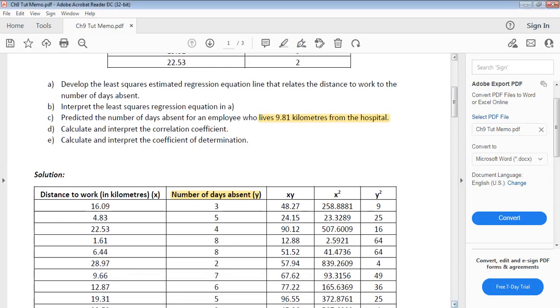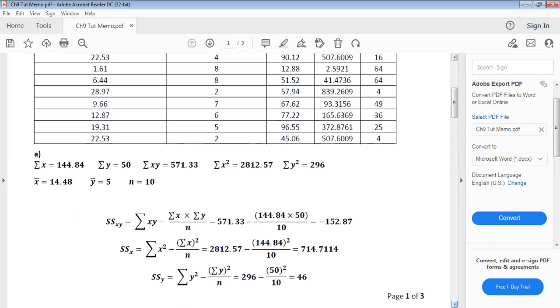Question D says, calculate and interpret the correlation coefficient. Okay, so the correlation coefficient also has its formula. The formula is the sum of squares of xy divided by the square root of the sum of squares of x times the sum of squares of y. That's the formula for the correlation coefficient.